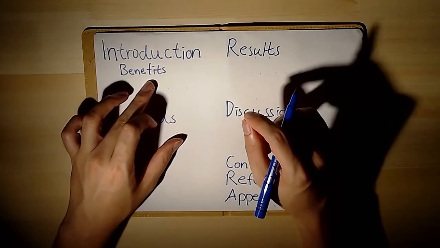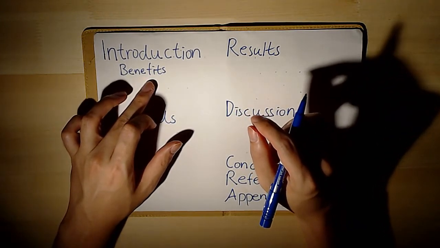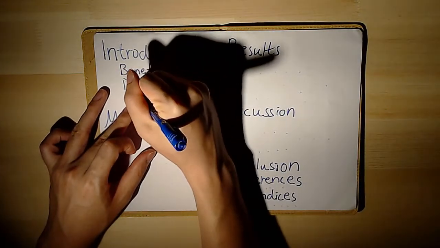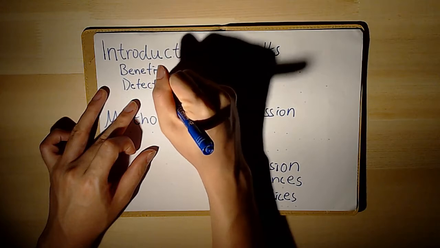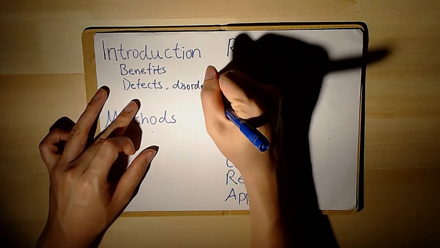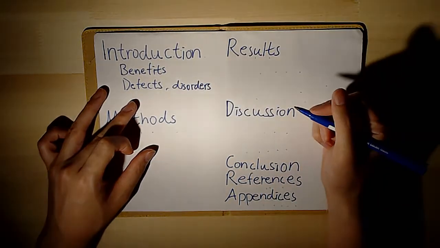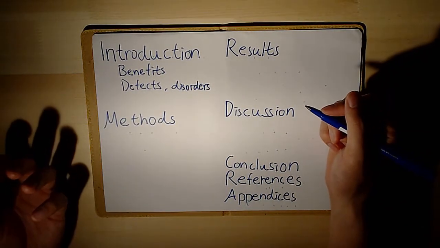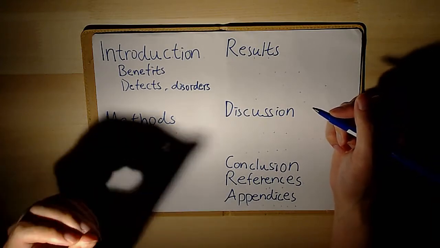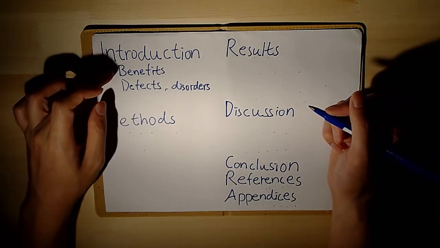Unfortunately, there could be defects and disorders of our urban trees, and these defects and disorders will reduce the provision of these benefits.